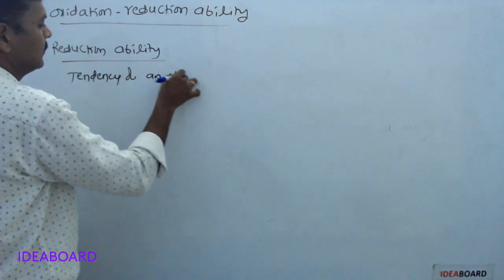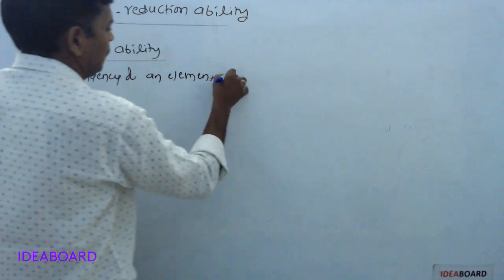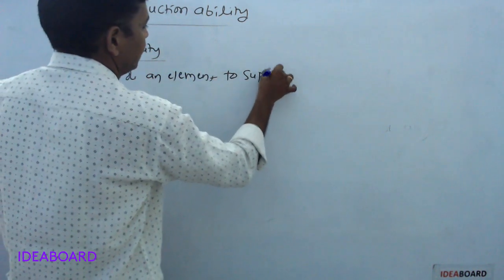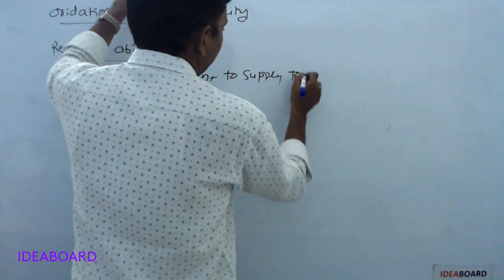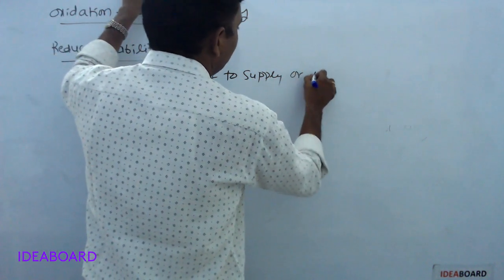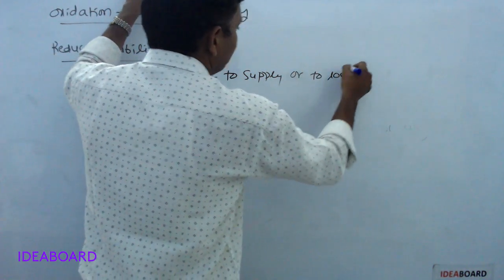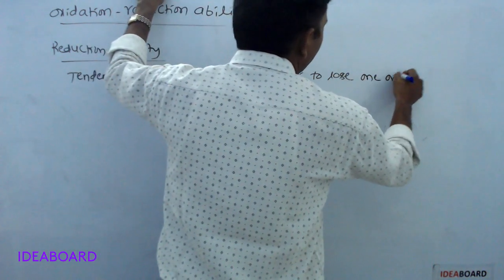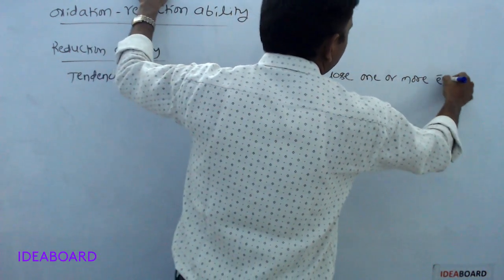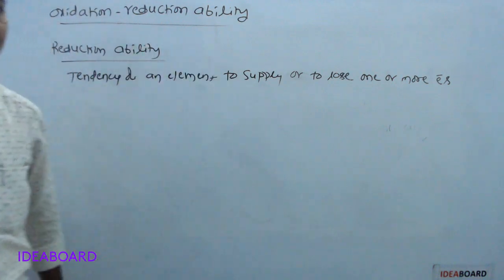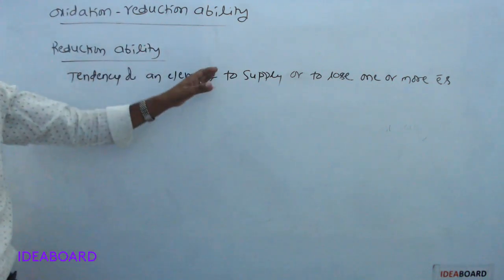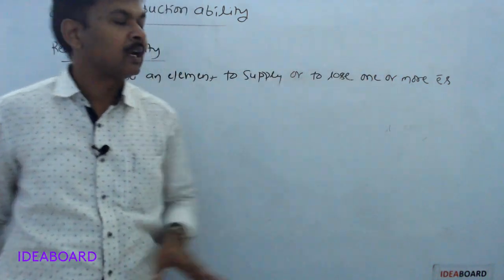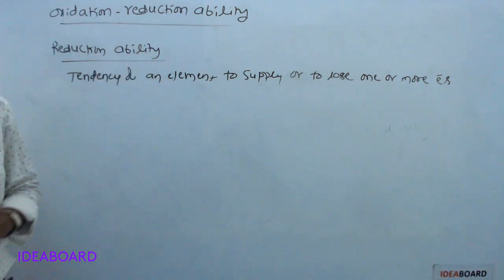Tendency of an element to supply or to lose one or more electrons is called reduction ability.